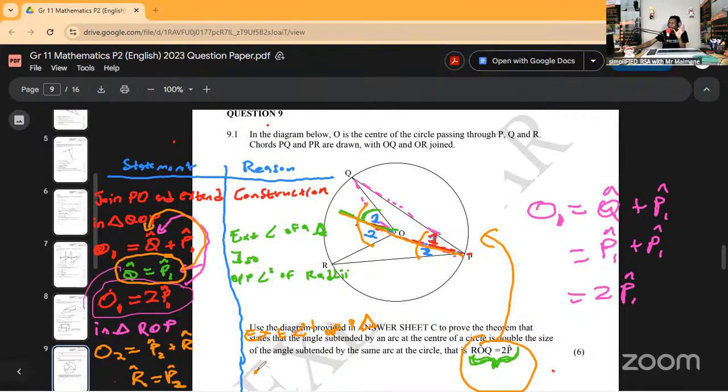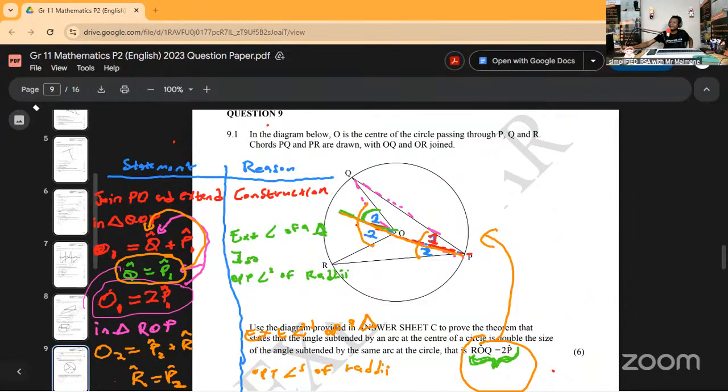So for this one, again, opposite angles of radii. So now I'm just going to create space on the other side. Same structure: statement, reason.